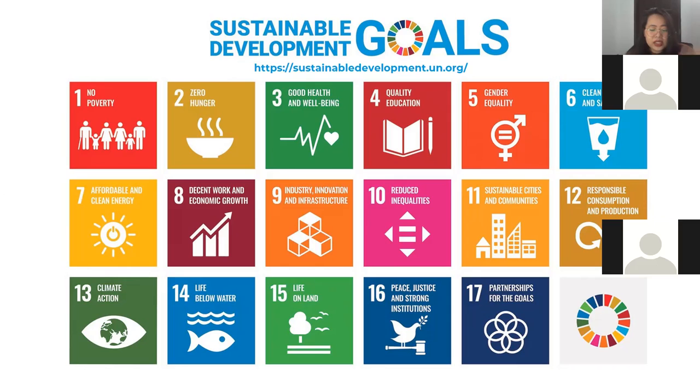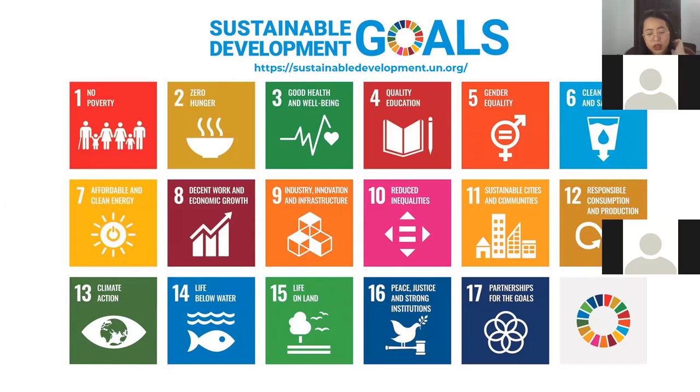So anyway, at its heart are these 17 Sustainable Development Goals, which are an urgent call for action by all countries, developed and developing, in a global partnership. They recognize that ending poverty and other deprivations must go hand in hand with strategies that improve health and education, reduce inequality, and spur economic growth while tackling climate change and working to preserve our oceans and forests.